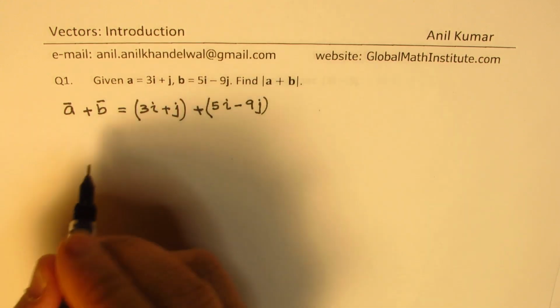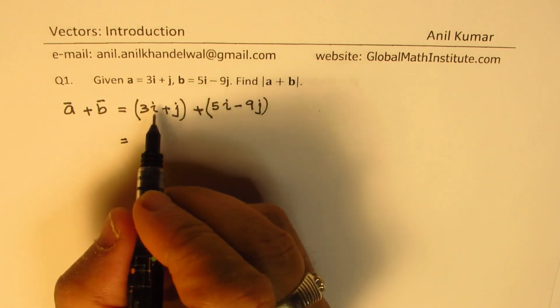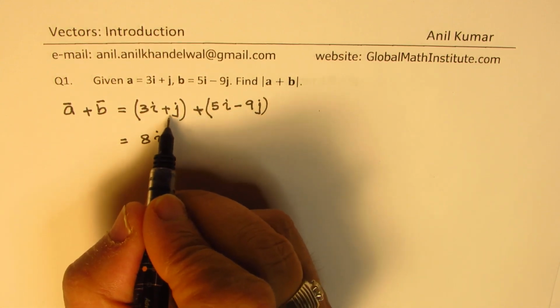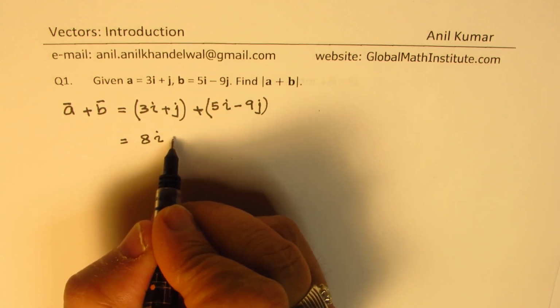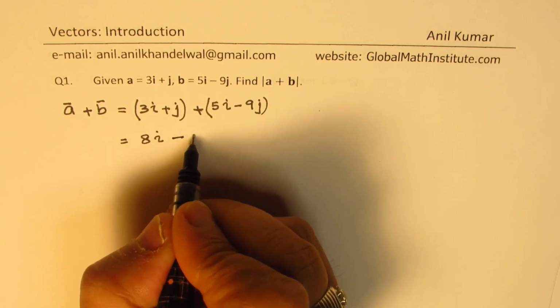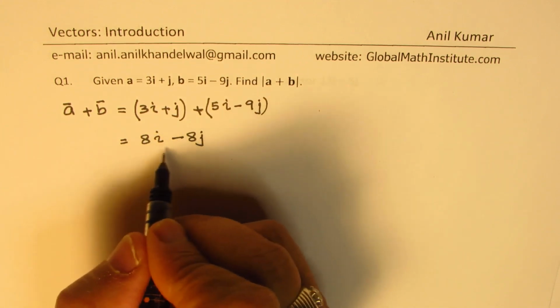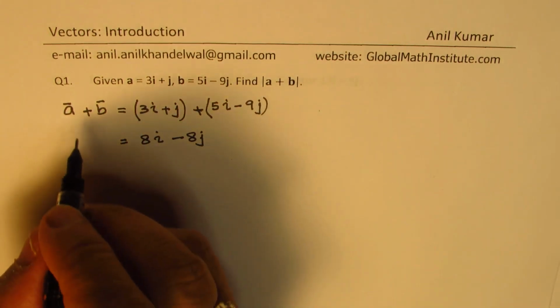So you add the corresponding elements. 3 plus 5 is 8, so you get 8i, and j minus 9j gives you minus 8j, right? So that becomes A plus B.